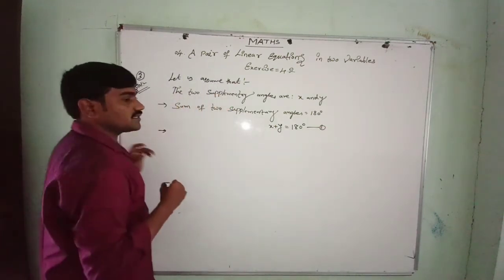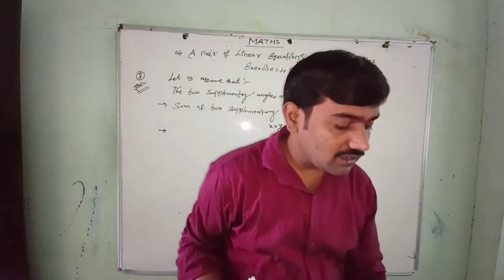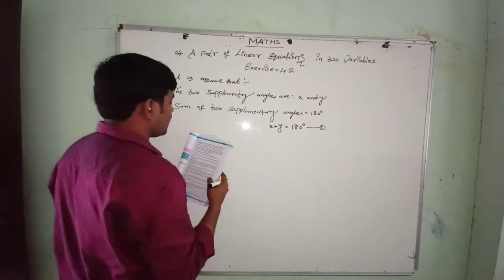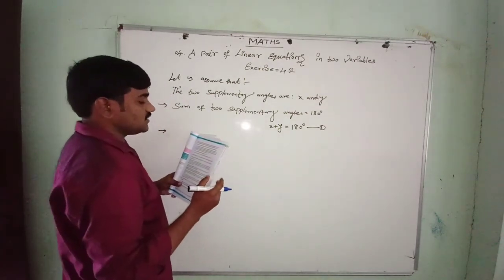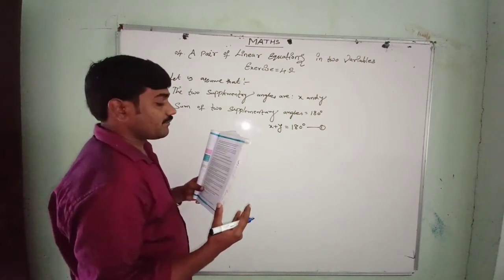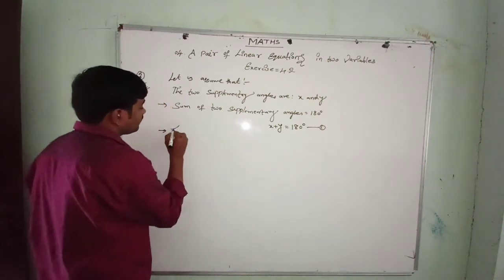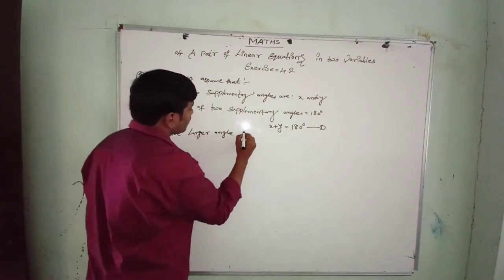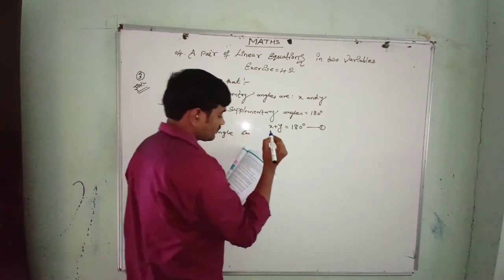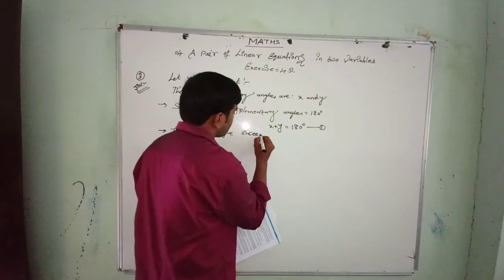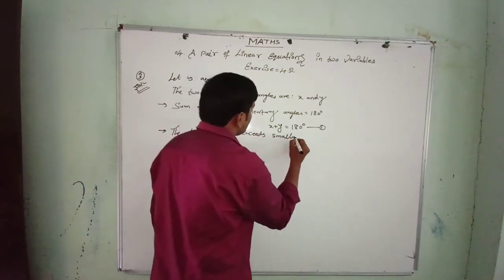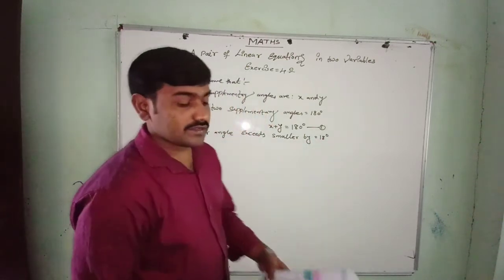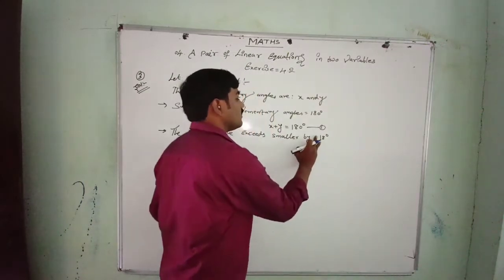Then the given statement is: the larger angle of two supplementary angles exceeds the smaller by 18 degrees.